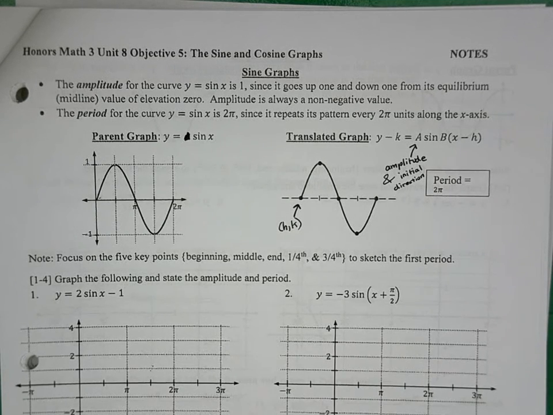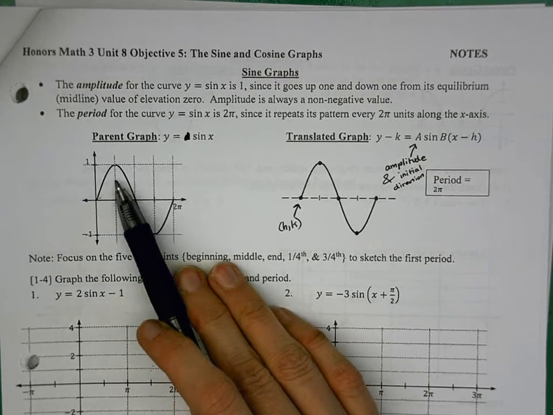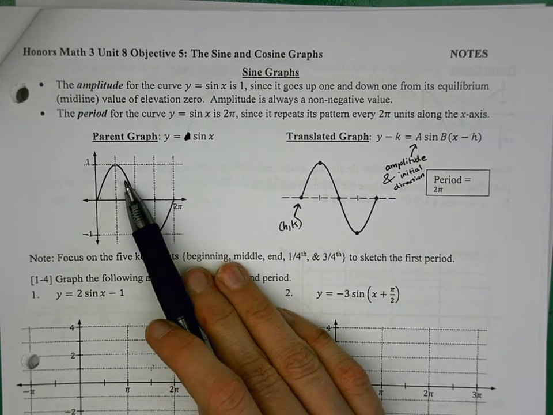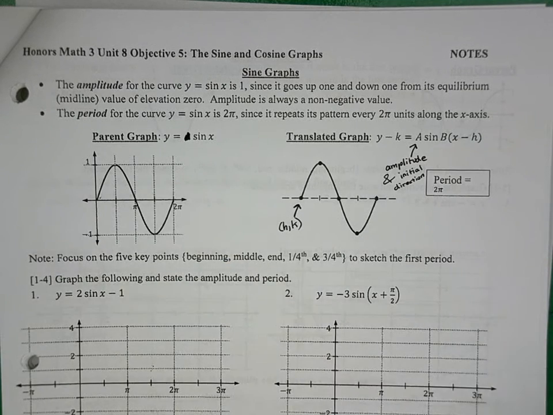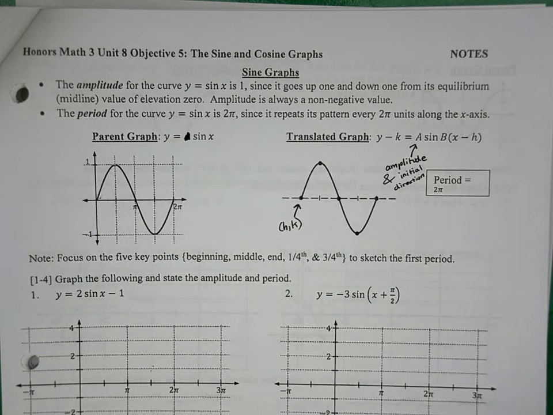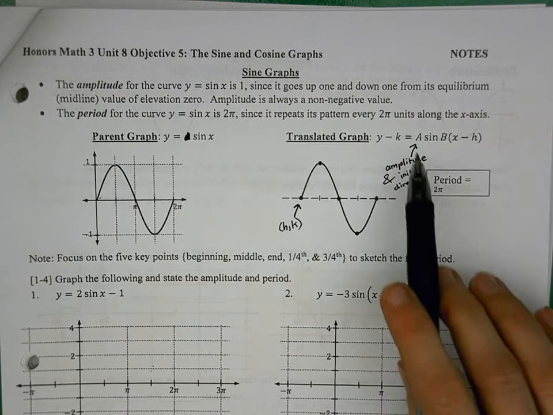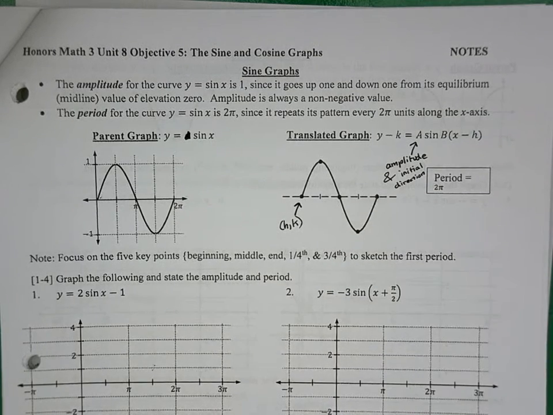The negative simply tells me that the orientation of my graph has been reversed, whereas sine is normally positive for the first two quarters, sine would then be negative for the first 2 quarters. And where sine is normally negative for the last 2 quarters, sine will now be positive for the last 2 quarters. So whether this is negative or positive simply tells you kind of the orientation of your graph.